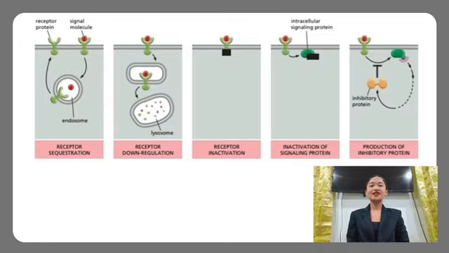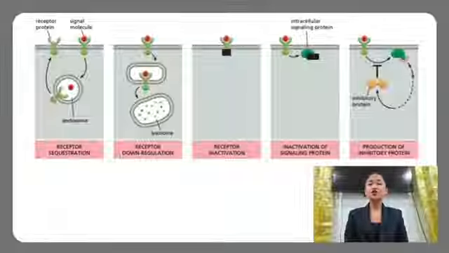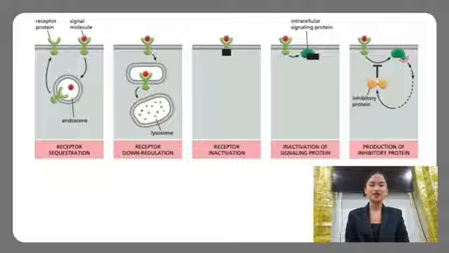And lastly, inactivation of inhibitory protein. This is where the cell produces an inhibitor that blocks the signal transduction pathway, preventing further response. In summary, these mechanisms are essential for maintaining cellular balance and ensuring that cells do not overreact to continuous stimulation.